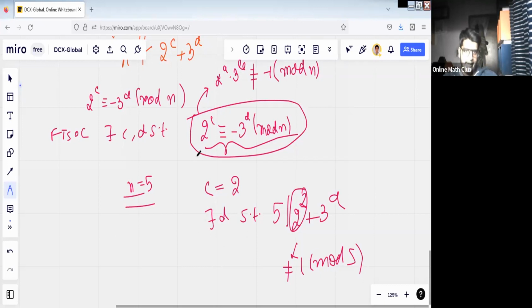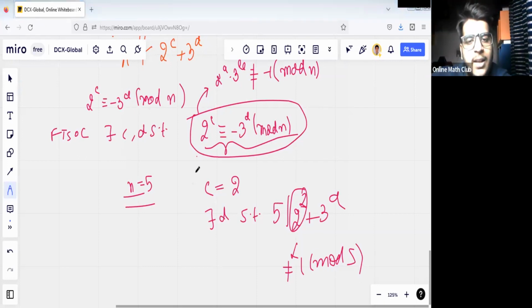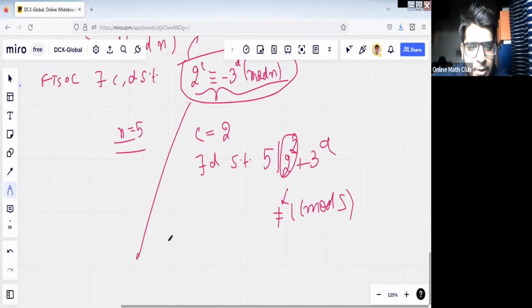Okay, so an idea here is, oh yes, that is actually a nice idea. Okay, I had a different solution. Let's just do that using this solution.